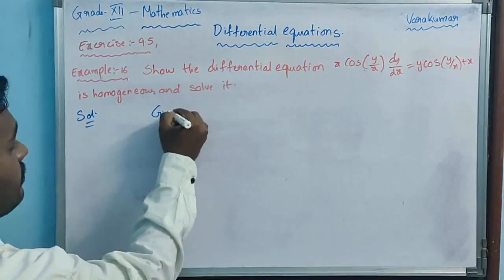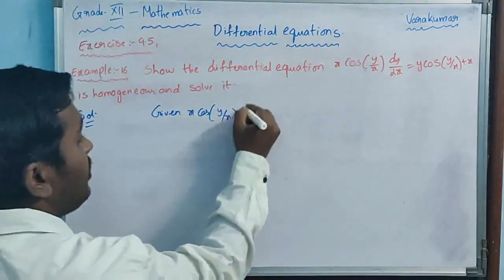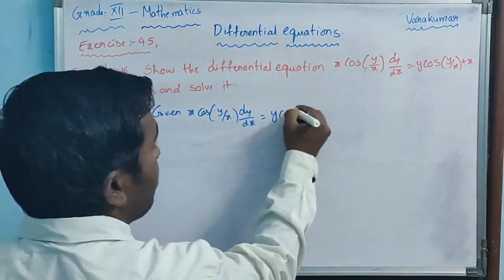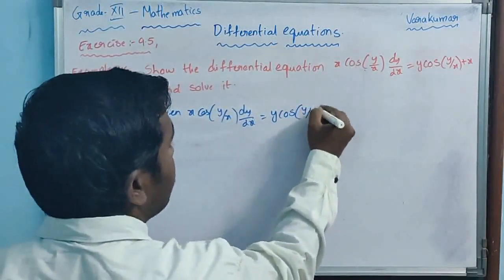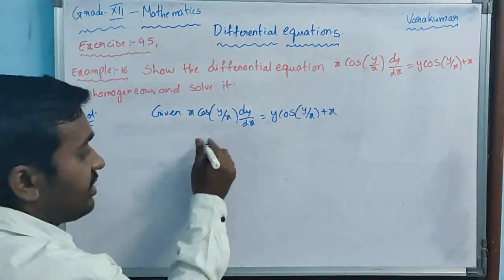Given: x cos(y/x) dy/dx = y cos(y/x) + x. Rewrite the equation, making dy/dx the subject.